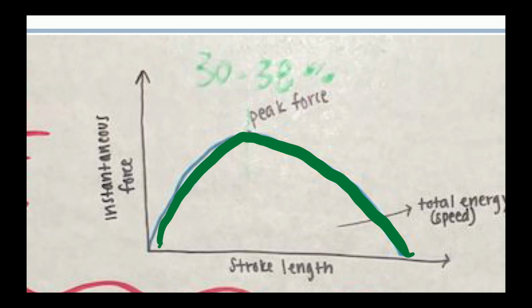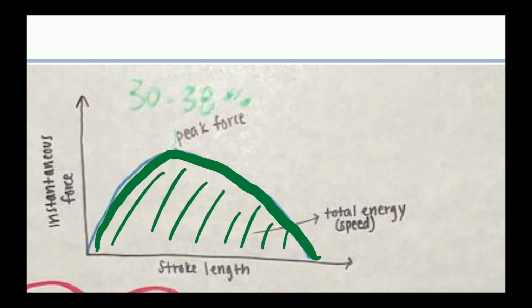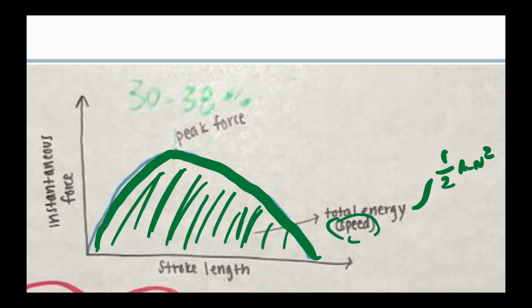But if I want to determine how much energy I put in, I can just calculate how much work there was. And the coach says, oh yeah, your total energy, 1/2 mv squared, which of course relates to speed, is determined by how much work you do, which is the area under this curve.